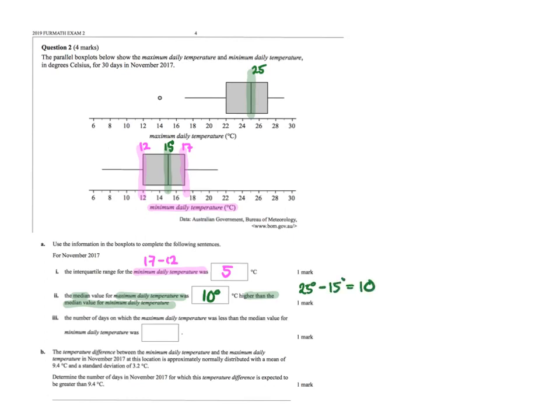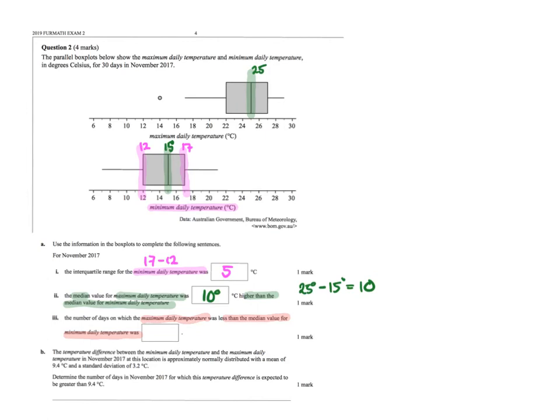Okay. Next one, the number of days on which the maximum daily temperature was less than the median value for minimum daily temperature. So go have a look.